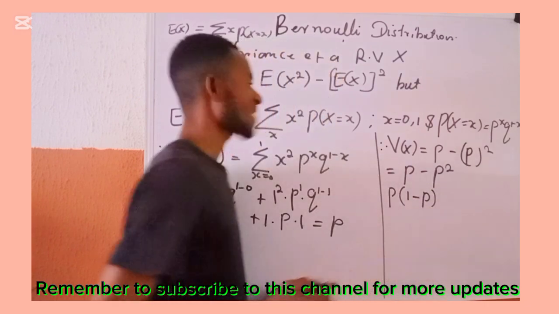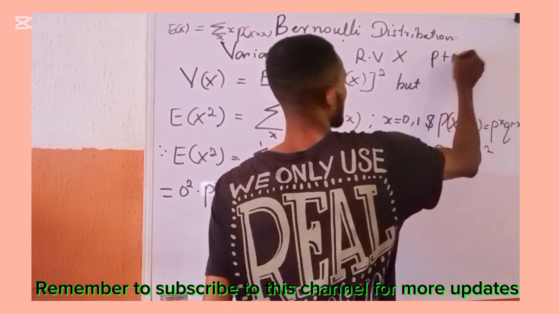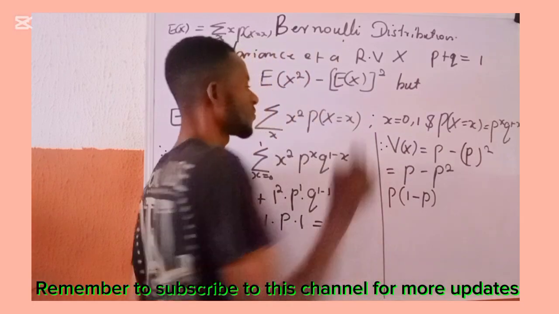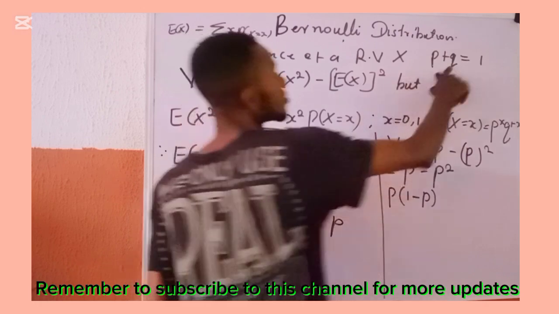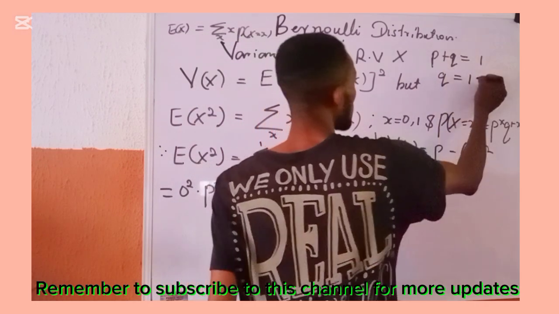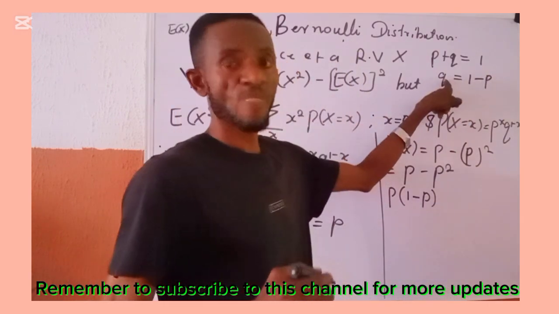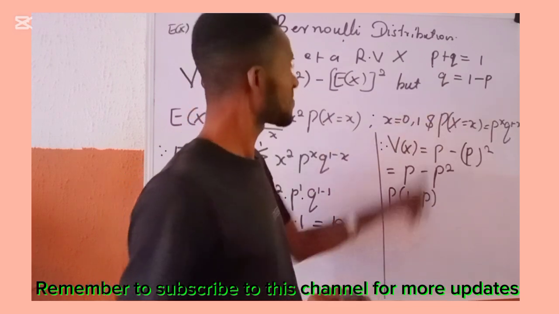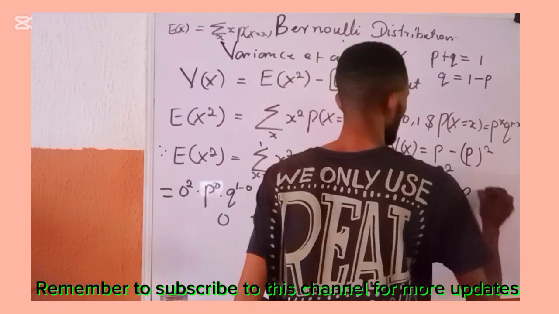And remember that if you have P plus Q equals 1, and you make Q the subject of the formula, Q is equal to 1 minus P. So 1 minus P is the same thing as Q. And what I have here is 1 minus P, so I can easily remove this 1 minus P and replace with Q. So by implication, this is the same thing as PQ.